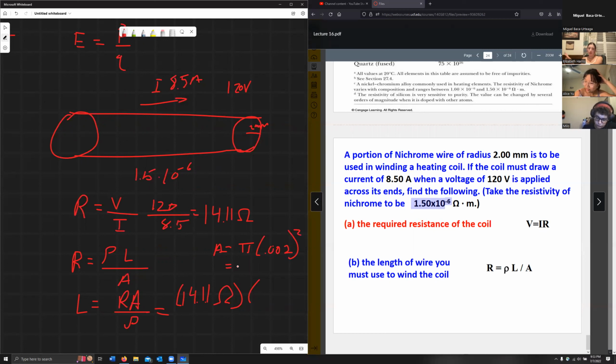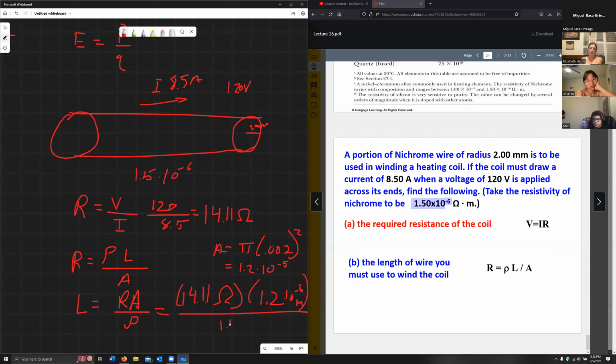Look at me, still physics 2, can't remember it. Anyway, this is 1.2 times 10 to the negative 5. So the area is 1.2 times 10 to the negative 5 meters squared.